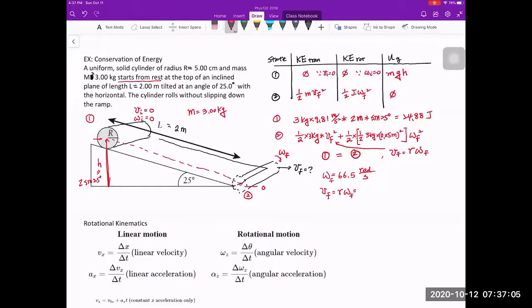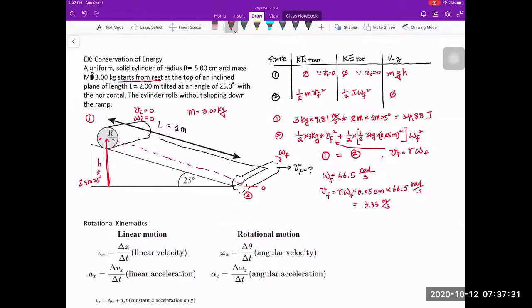The R is simply 0.05 meter, times your omega f, which is 66.5 radians per second. And then you will find out the v sub f will be 3.33 meters per second.